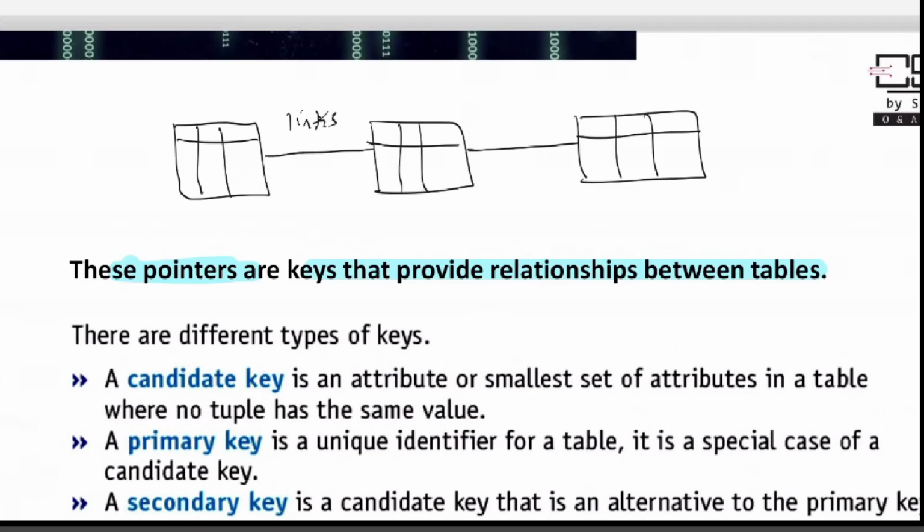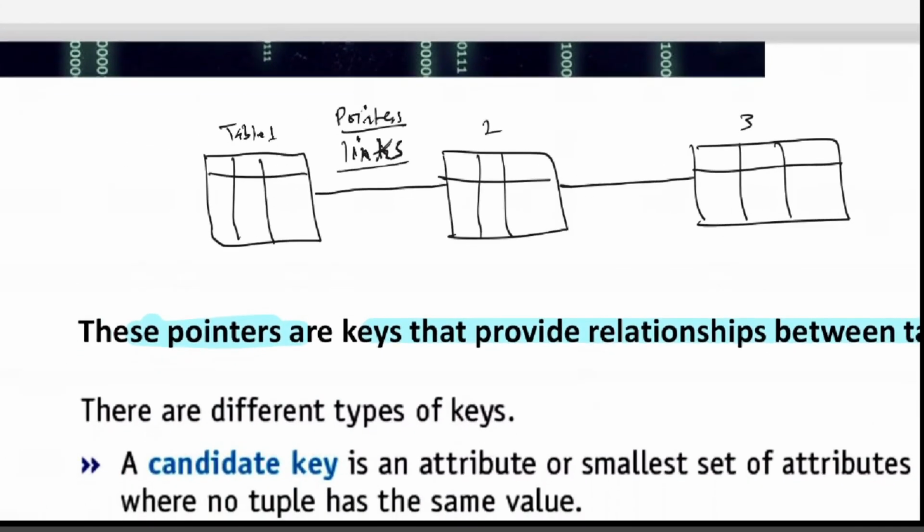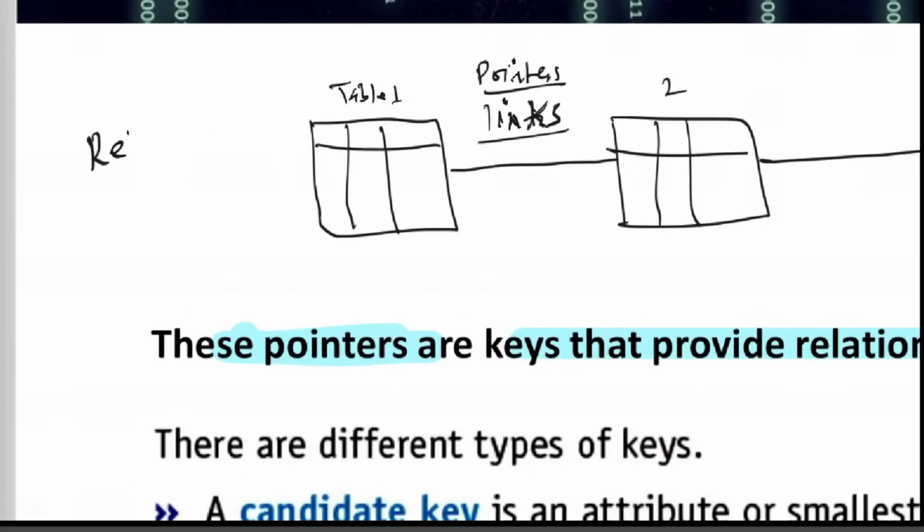These are the pointers. So when we have the links between these tables, let's say this is table 1, this is table 2, this is table 3, unless we have links between them, the tables are not going to be a relational database. So the tables can only become a relational database when we have links.